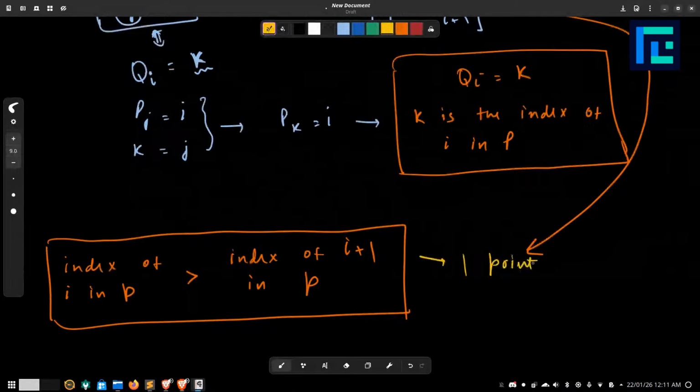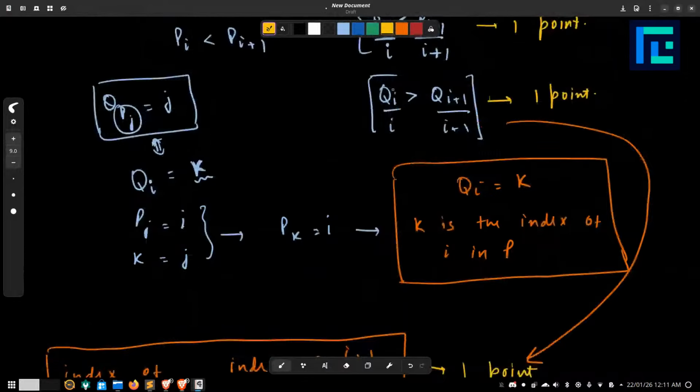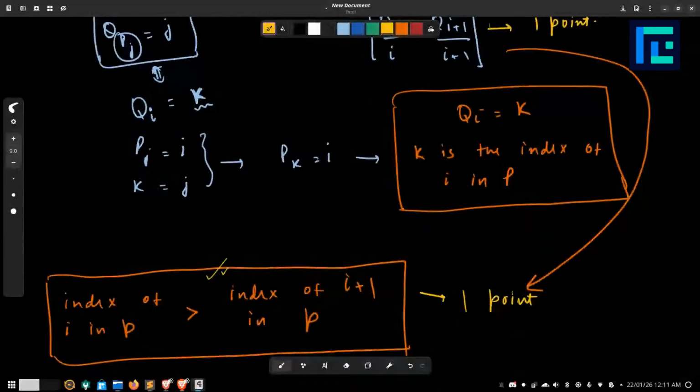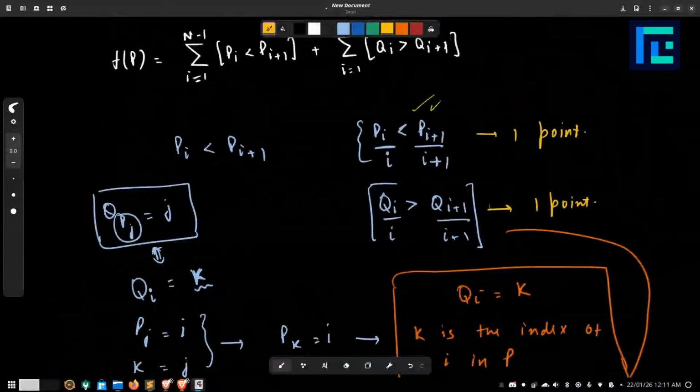Now this looks a little less confusing than Q, because here we understand what exactly gives us a point, and this other statement is quite straightforward already.